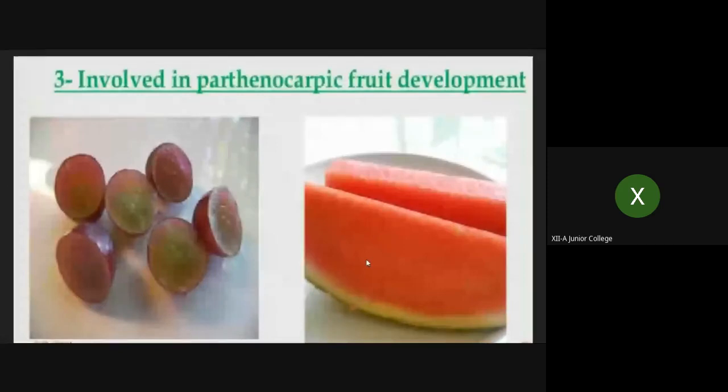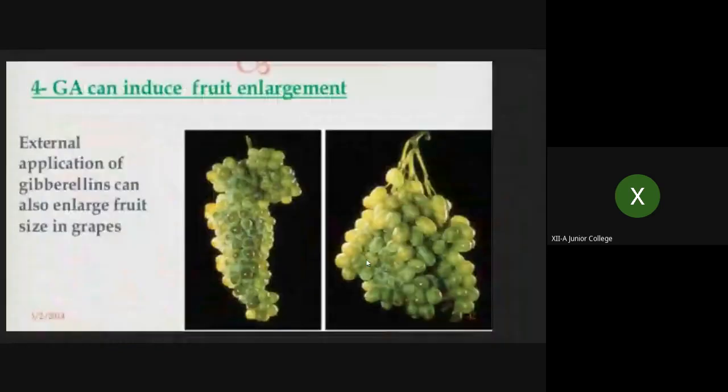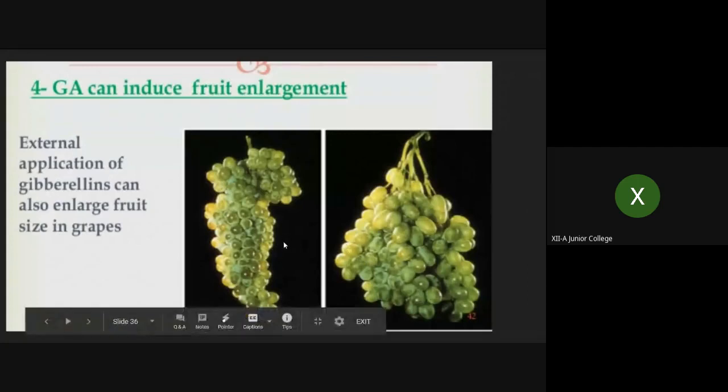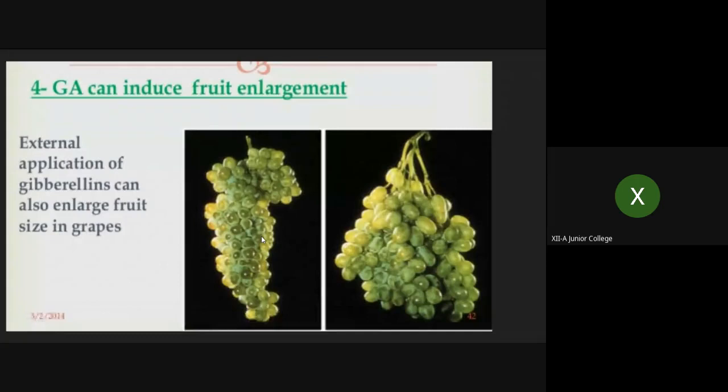Okay. Now this is a very common example, you might have observed, that it induces fruit enlargement. This is the wild or normal variety of grapes. But when we apply gibberellins externally, it also enlarges fruit size, because its role is cell elongation.